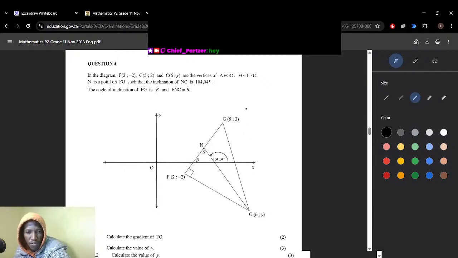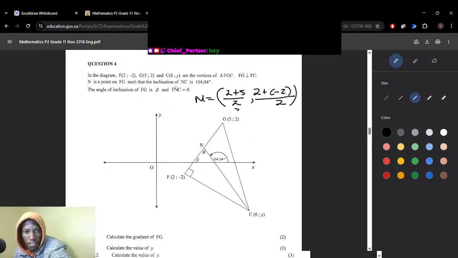The reason why I'm confused, guys, is this. Just ignore N for now. If you were to actually calculate the midpoint of FG, let's call it N, you would get 2 plus 5 over 2, and then 2 plus minus 2 over 2.